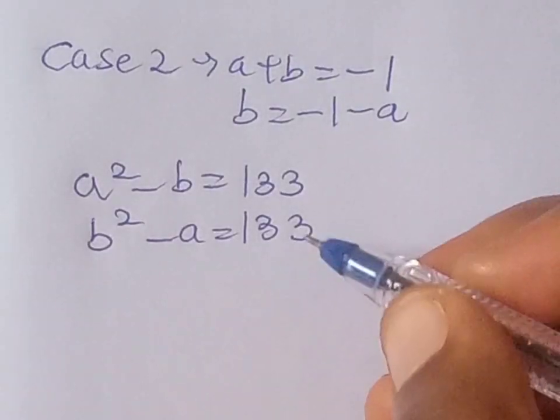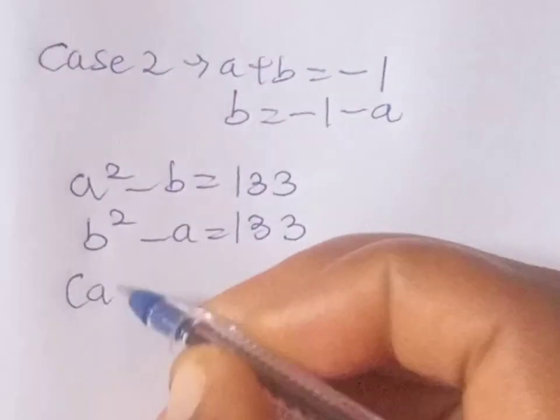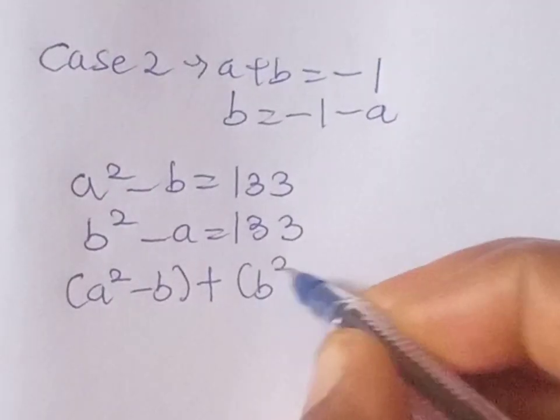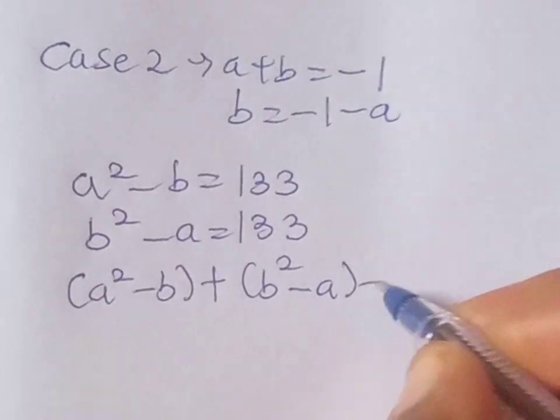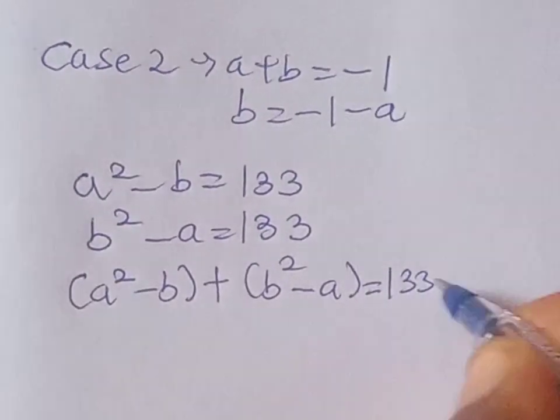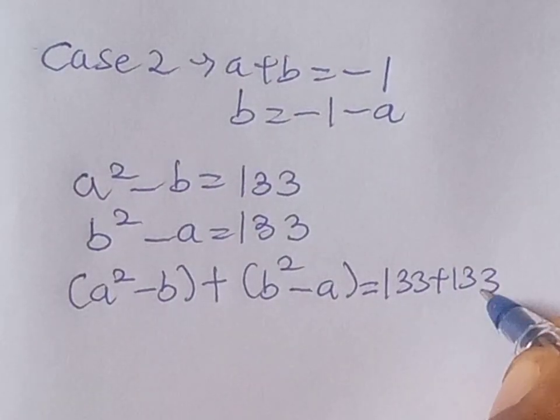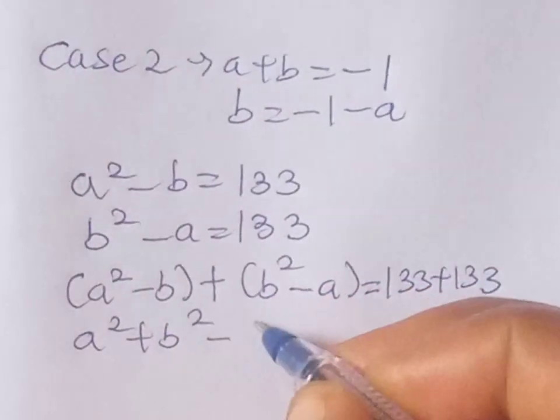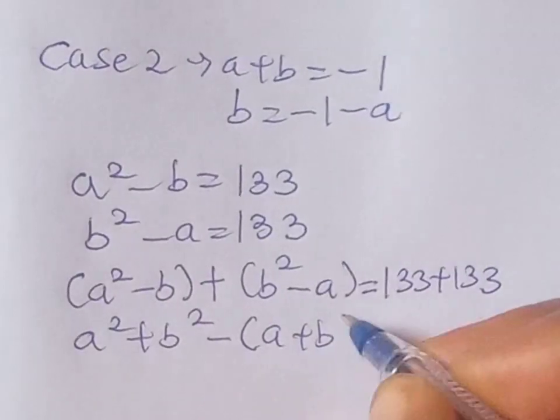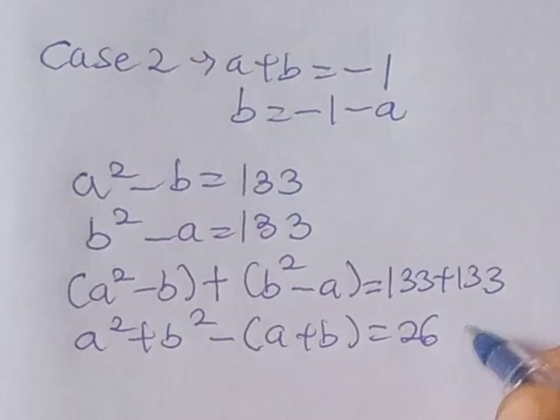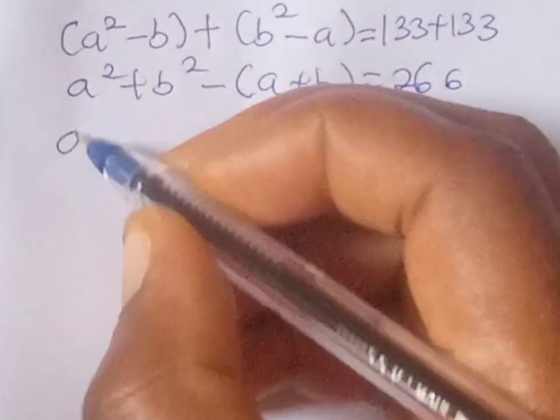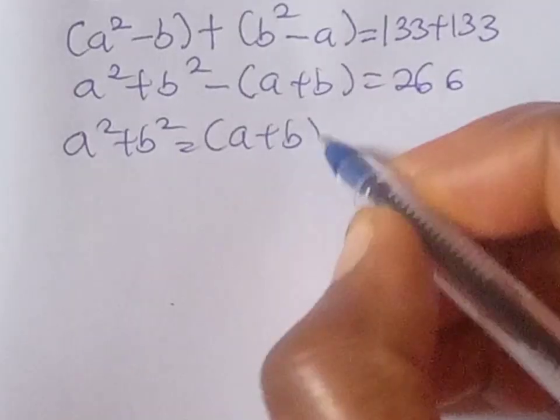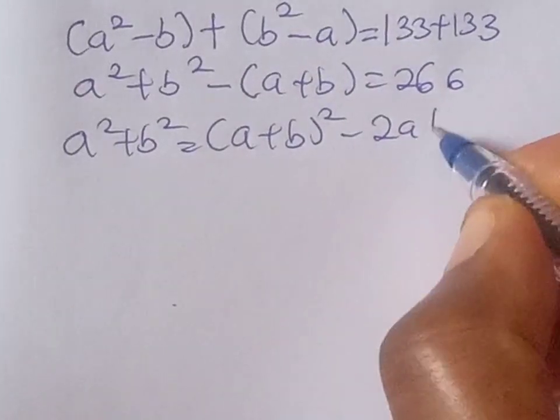Now let's add the two equations together: a squared minus b plus b squared minus a equals 133 plus 133. So a squared plus b squared minus open bracket a plus b will give us 266. We know that a squared plus b squared will give us a plus b squared minus 2ab.